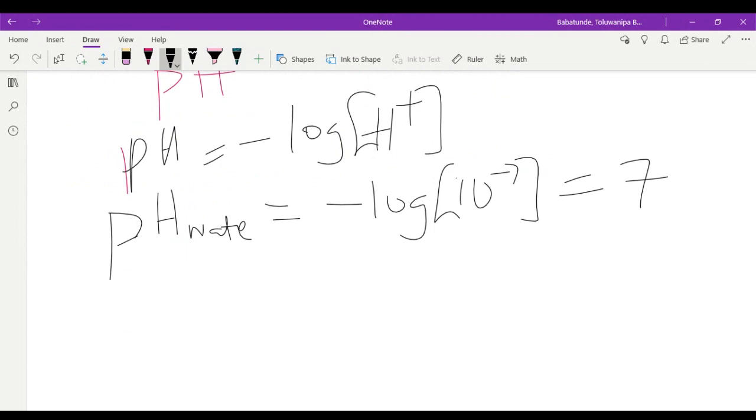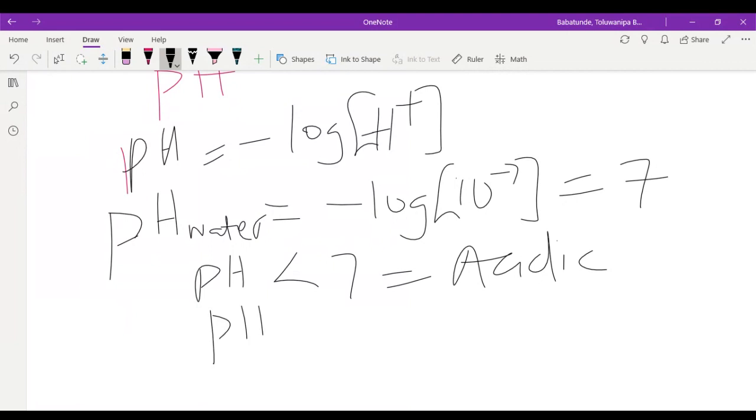That is, pH less than 7 is acidic, and pH greater than 7 is basic.